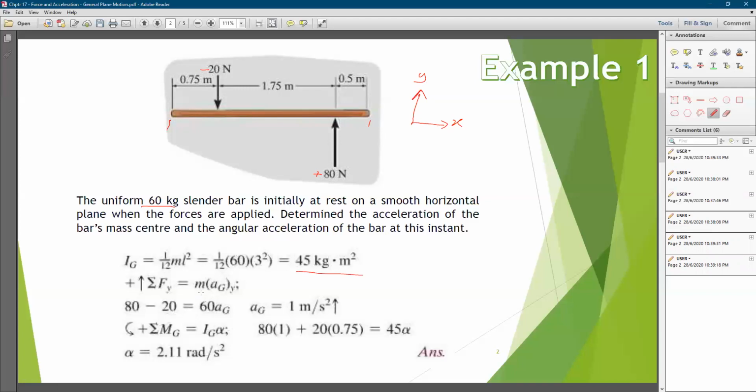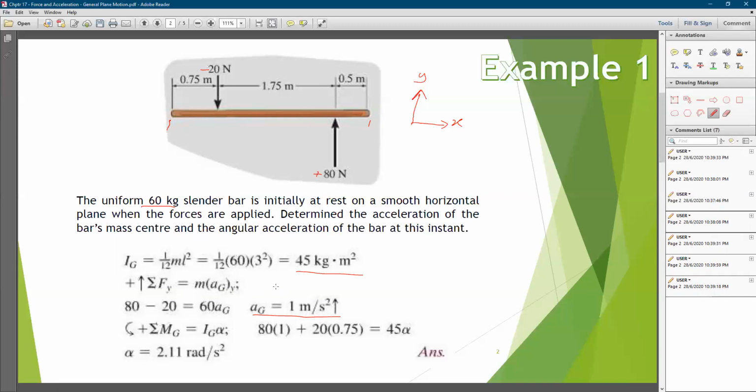And then again, m is given here, 60, and ag is the one that we want to determine. Simply rearrange or solve this equation, and you will get that the acceleration of the bar mass center is 1 meter per second squared going up.